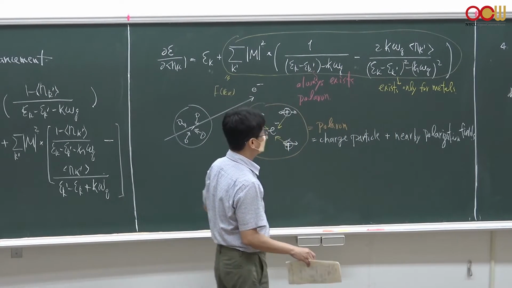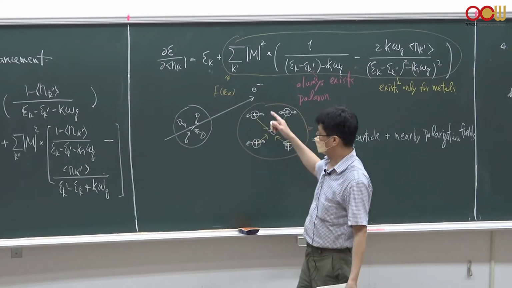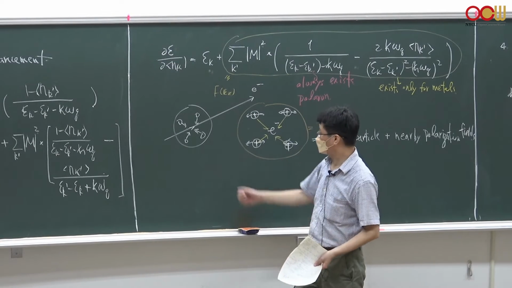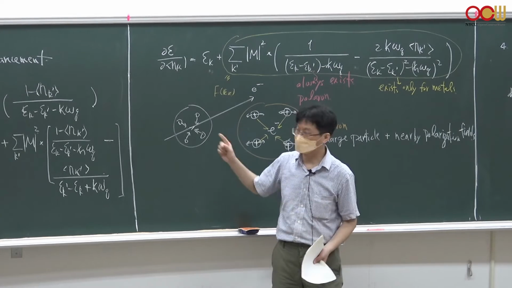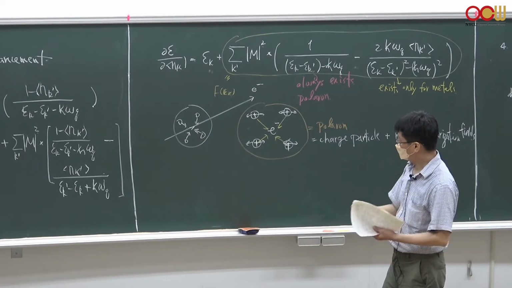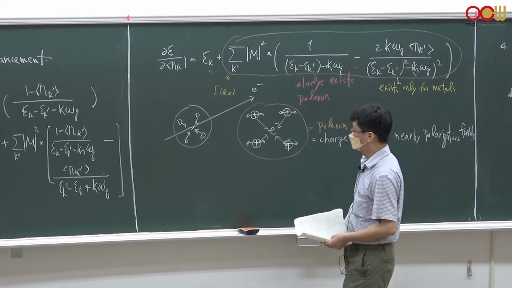So what is the polaron? Well, as you can see from this cartoon picture, the electron moves around this lattice, but the lattice can vibrate, right? And the phonon of the lattice vibration couples to the electron. So you can consider that the electron is dragged by this phonon cloud in the neighborhood.